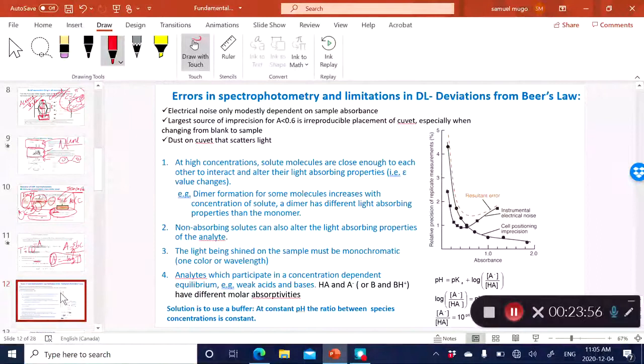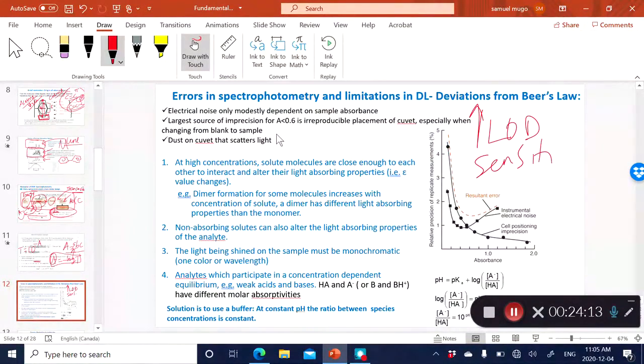So what are the types of errors that are common with spectrometers, based on Beer's law? You're going to see the limits of detection are fairly high, meaning they are not very sensitive, okay? And there are a couple of reasons why. One reason is they're very prone to electrical noise.